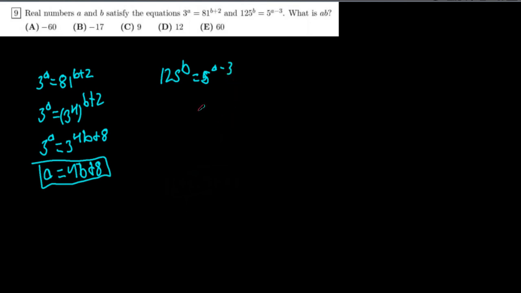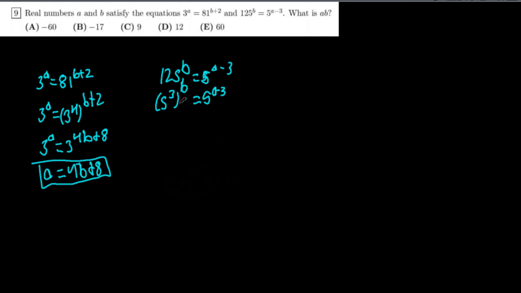Okay, so we can do the same thing. We have to make the bases the same, and we have to make both bases 5. So we can first leave this 5^(a-3) alone. And now we can deal with the 125^b. And 125 is 5 to the power of 3, and then we have to the power of b.